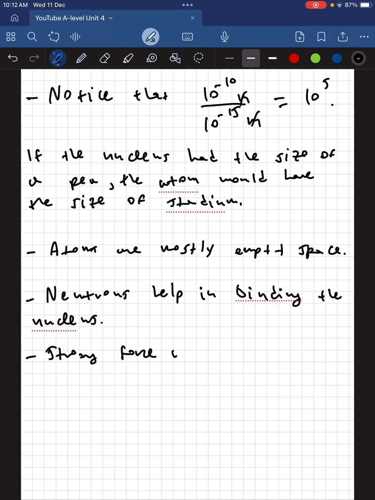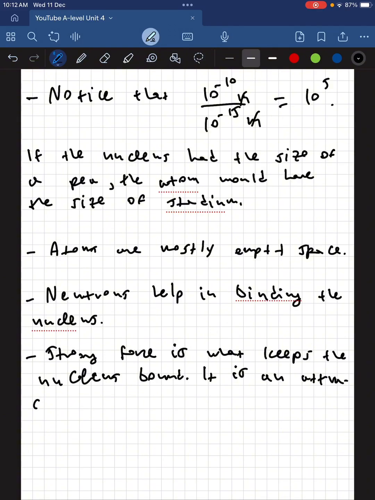The strong force is what keeps the nucleus bound. It is an attractive force exerted between protons and protons, protons and neutrons, or neutrons and neutrons, okay?